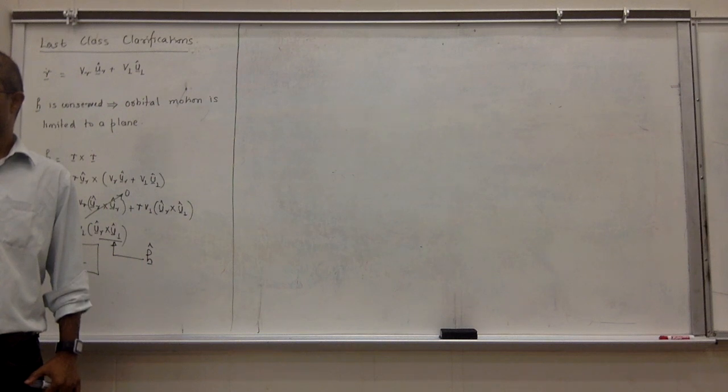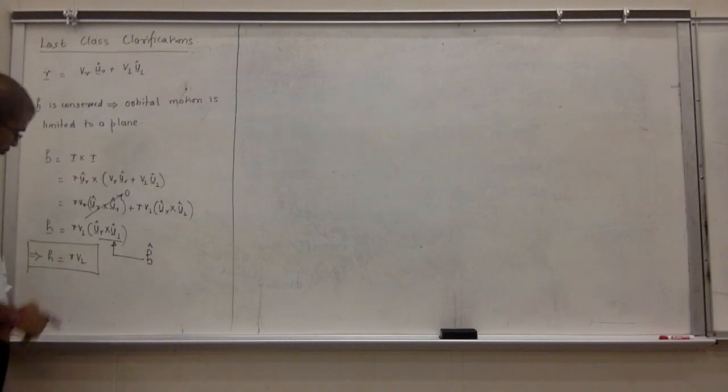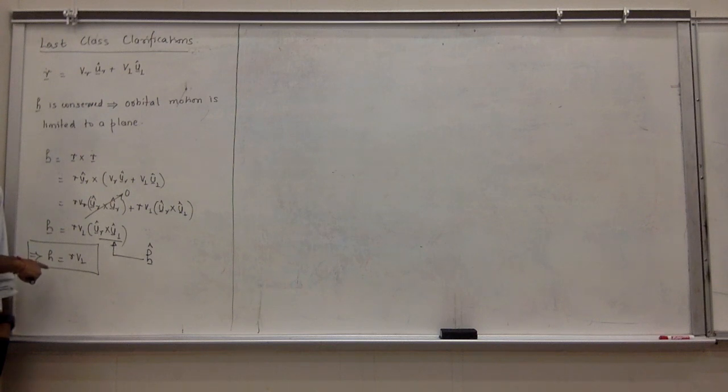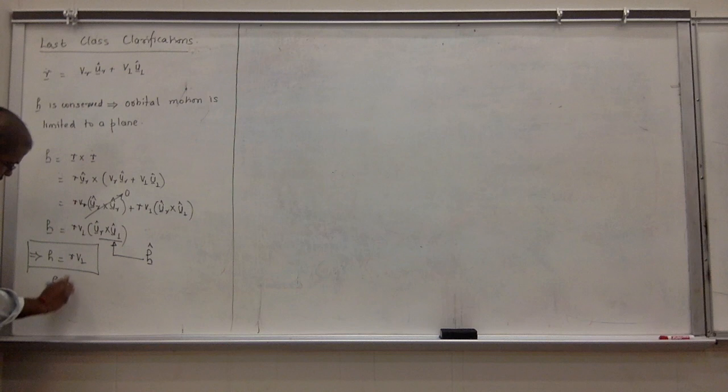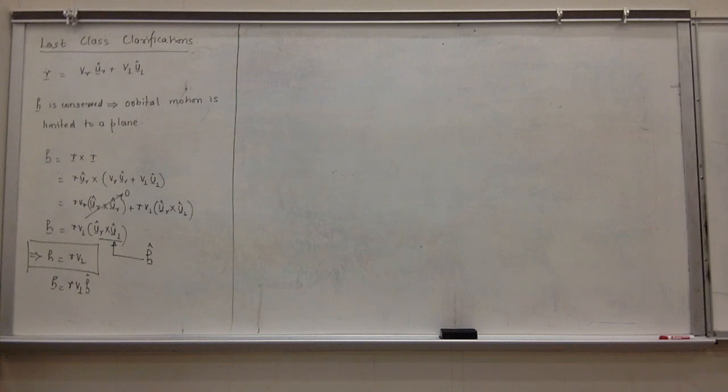Because when you put H, the last equation is just H, R, U perpendicular. And this is the magnitude. If you take the magnitude, this is the vector. Be careful. H vector is simply R V H cap, and H cap is always perpendicular to the plane.